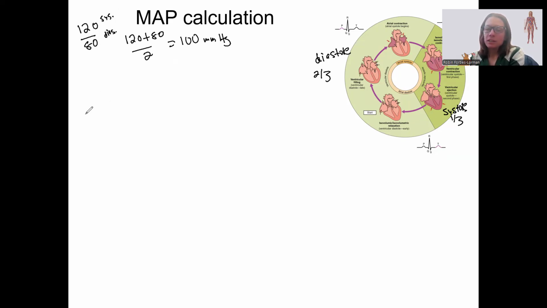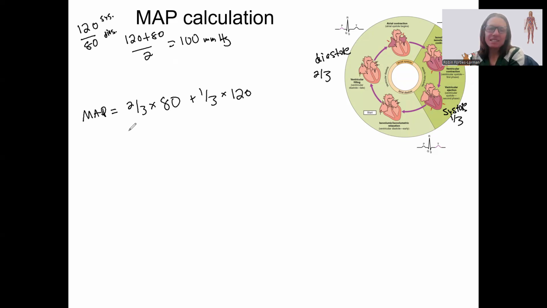We are going to calculate MAP by it is equal to 2/3 times the diastolic pressure, where it's spending 2/3 of its time, plus 1/3 multiplied by the systolic pressure, where it's spending 1/3 of its time.